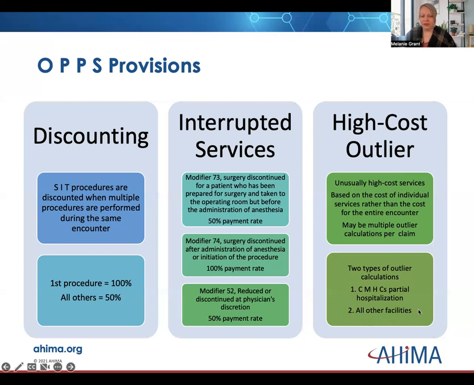They have two different types of calculations, either the CMHC's partial hospitalization or other facilities. So you'll fall under one or the other. And based off of what's going on with this, you'll list a modifier to indicate the additional high cost outlier for that service. These are very rare and unusual, while this first one is the most common, and the interrupted service happens from time to time.